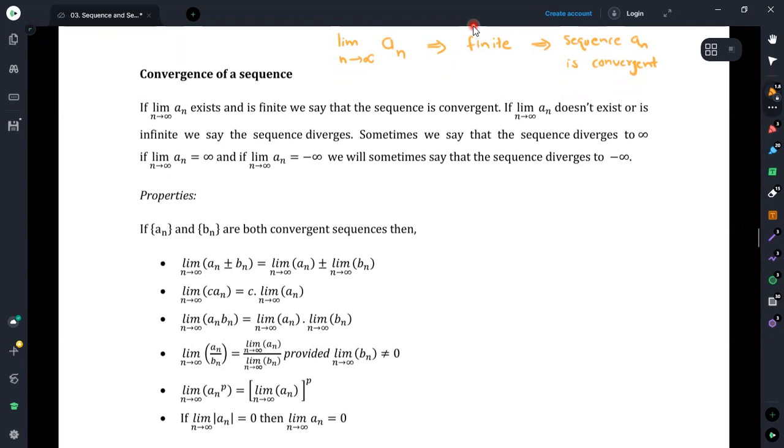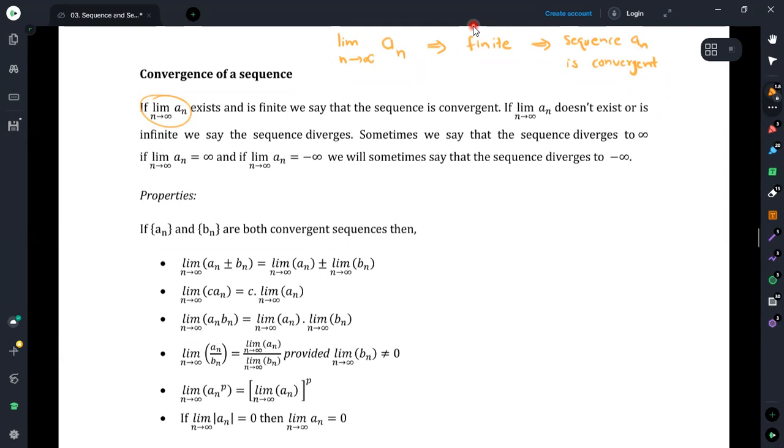Therefore, this is how we determine whether a sequence is convergent or divergent. If the sequence is not convergent, we can simply say that it is divergent. It is because if you have a finite value for the quantity, then and only then can we say that the sequence is convergent.